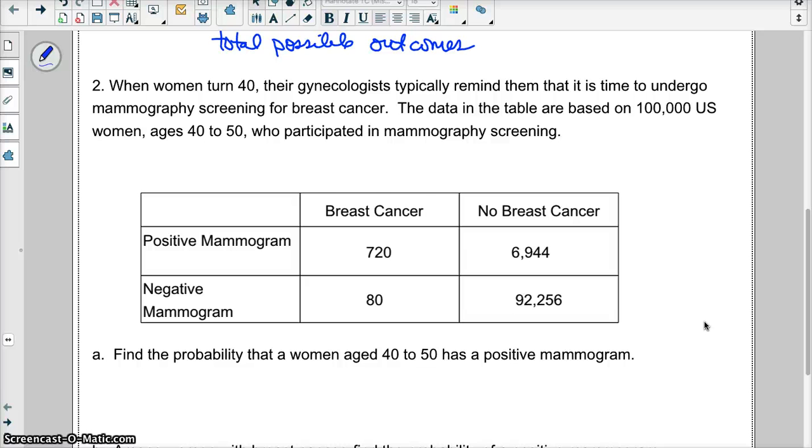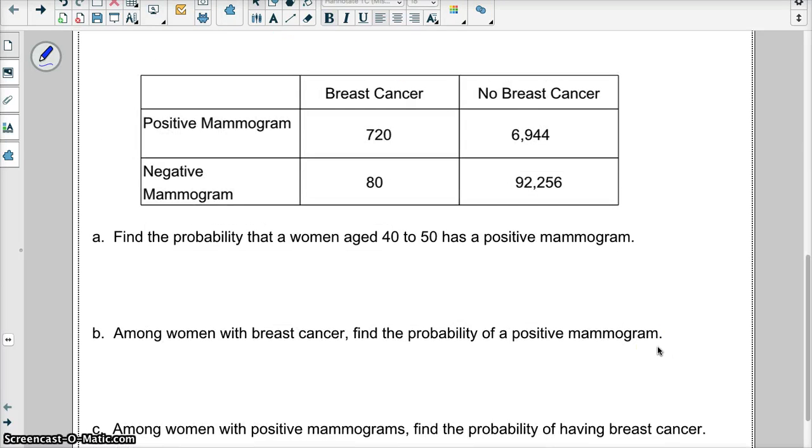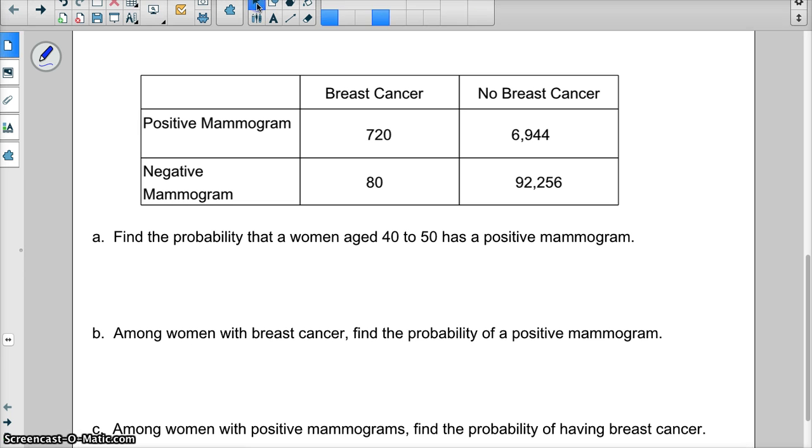Does that make sense? Find the probability that a woman aged 40 to 50, this table gives us age 40 to 50, has a positive mammogram. So what's the successful outcome, or what's the outcome we're looking for in A? We're looking for the probability of positive over total, yes.